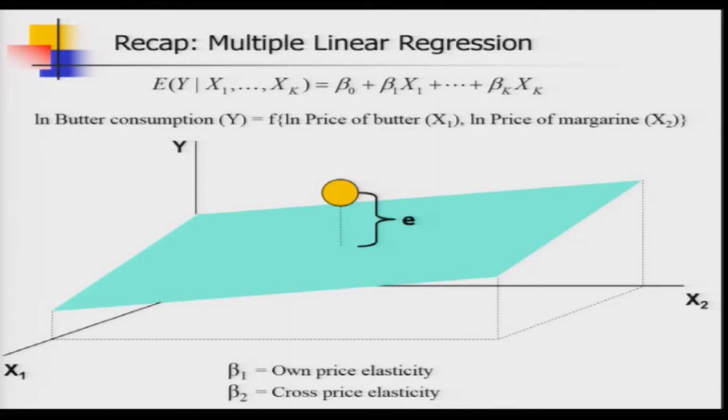Margarine and butter are substitute commodities, right. If the price of one commodity increases, then of course the demand for the other good will increase. So if the price of margarine increases, you can expect that demand for butter will go up, and that is why the variables y and x2 show a positive relationship in the y x2 plane.